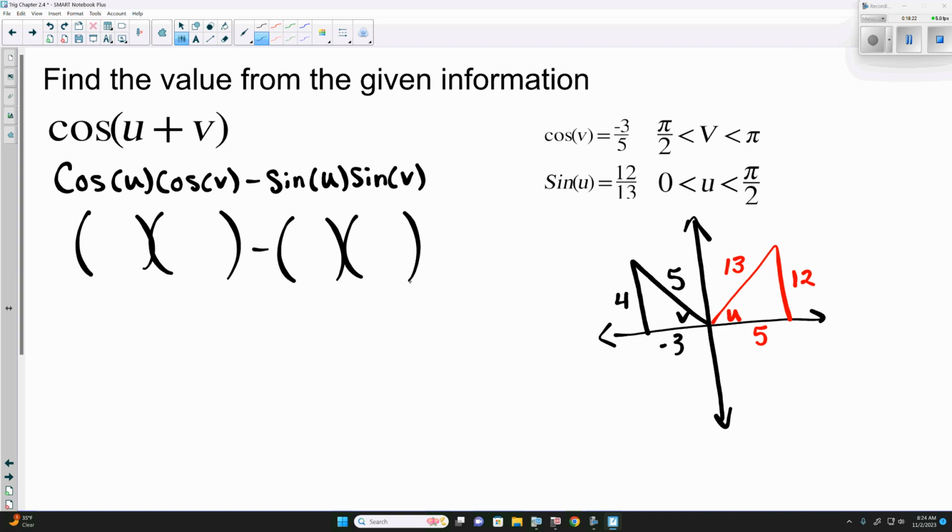Cosine of u was not given to us, but if we look at u, the adjacent side is 5, the hypotenuse is 13, so cosine of u is 5/13. They did give us cosine of v as -3/5, so we did have that one. Sine of u was given to us as 12/13.